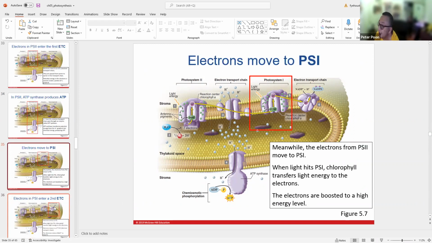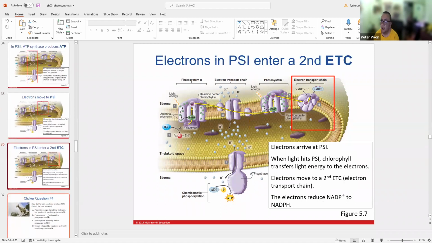The electrons are then moved to photosystem number 1, and then more light hits it, and this shoots the electrons up to a super high level. That super high level is enough to generate NADPH.